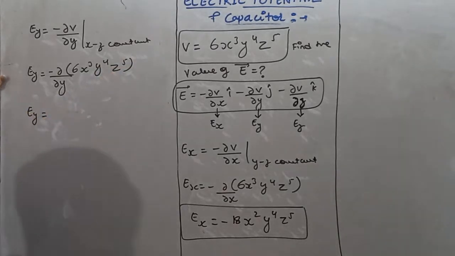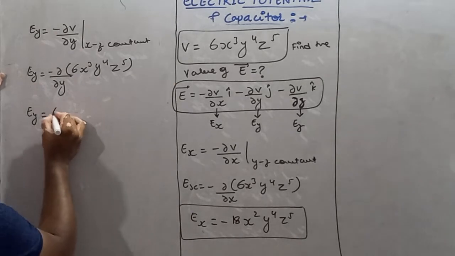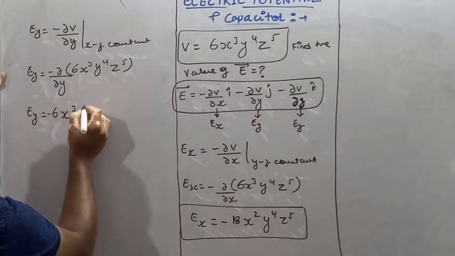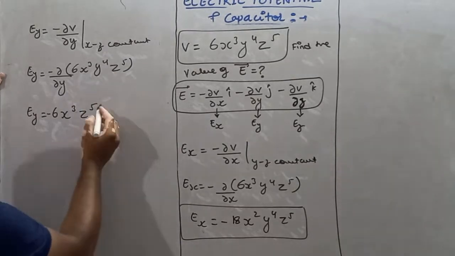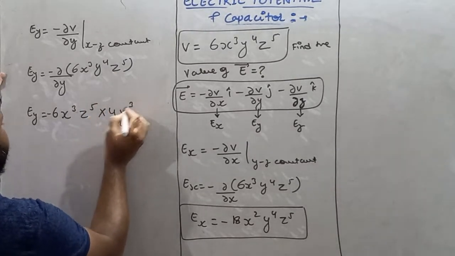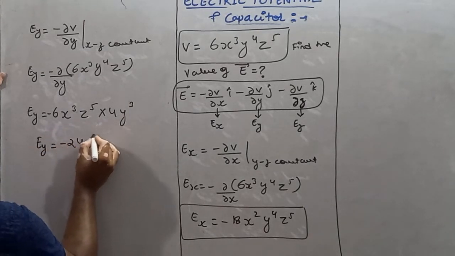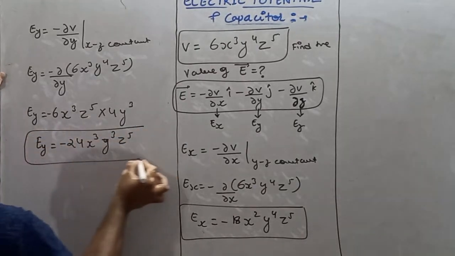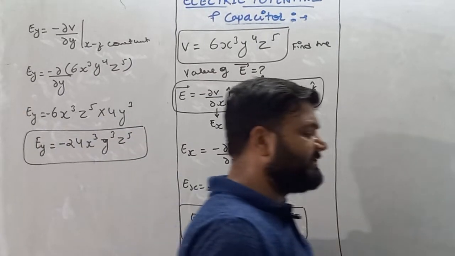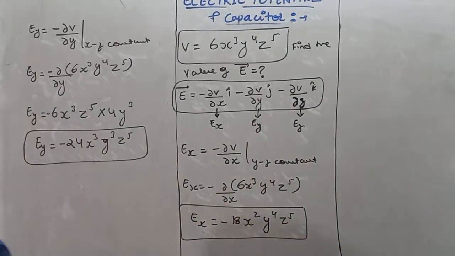Here 6x cube is constant, z raised to the power 5 is again constant. So y raised to the power 4 gives 4y cube. So 6 fours are 24, x cube y cube z raised to the power 5. This is the value of electric field along the y-axis, keeping x and z constant.